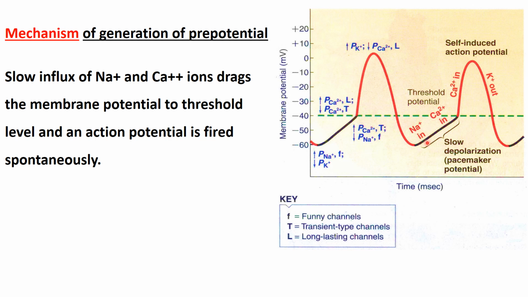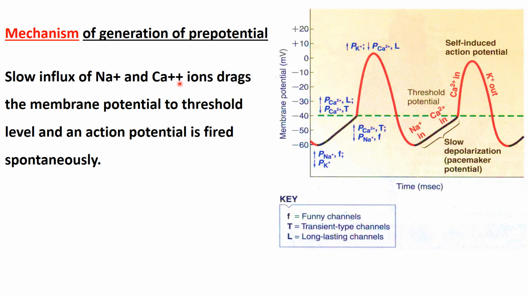It is due to depolarizing pacemaker potential, an inherent property of the SA node and the AV node. Now, as the action potential goes up, calcium goes in, and as the action potential goes down, potassium comes out, and this is the self-induced action potential.